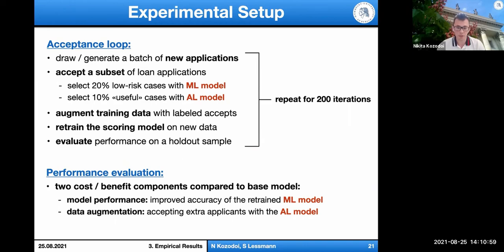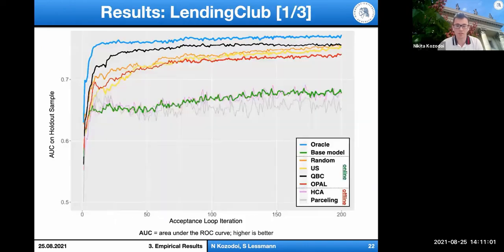So on this slide, you will see the results for the Lending Club data in terms of the model performance. So you see the same learning curve format as I was showing you in the beginning of the presentation, with AUC on the vertical axis and acceptance loop iteration on the horizontal axis. So we still have two lines here.